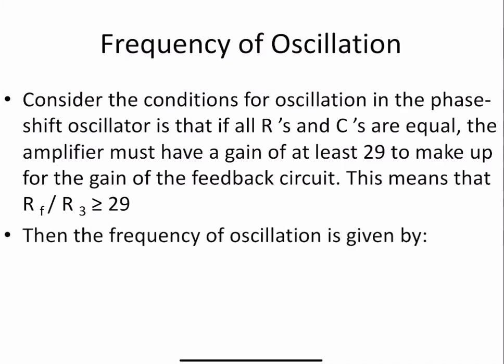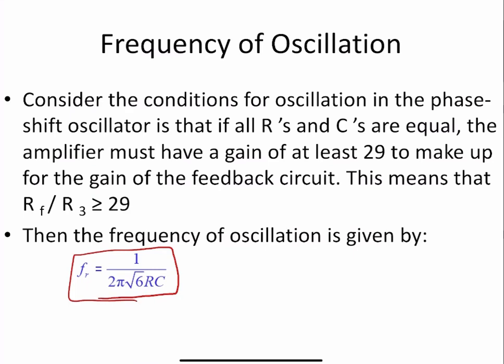The frequency of oscillation is given by the relation Fr is equal to 1 by 2 pi root 6 RC. This is the frequency of oscillation in case of identical RC sections. If 3 RC sections are used in the feedback network, this is the resonant frequency.